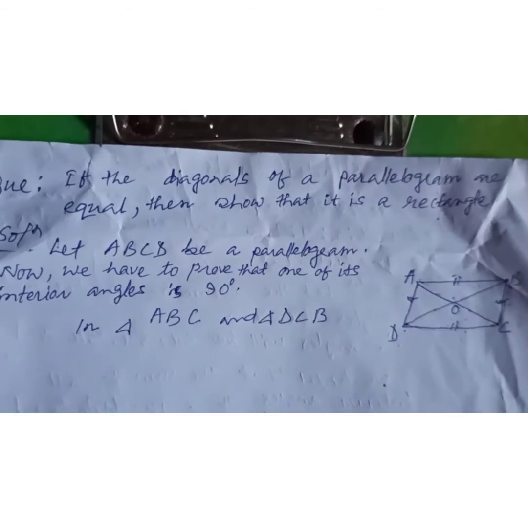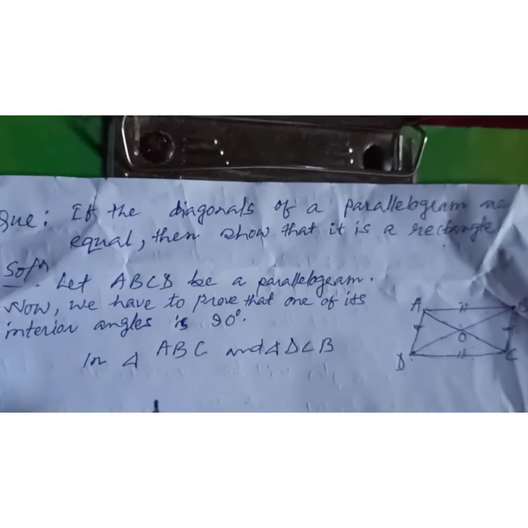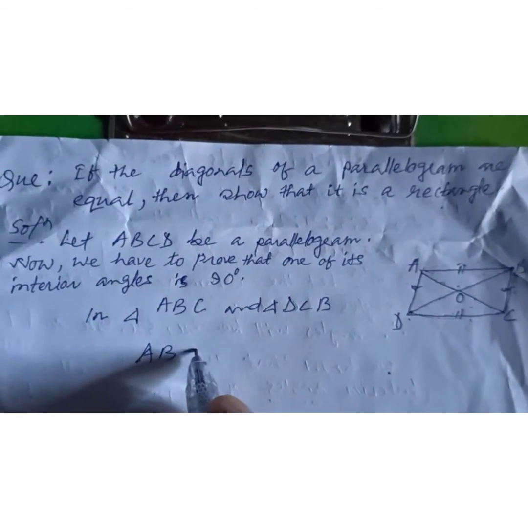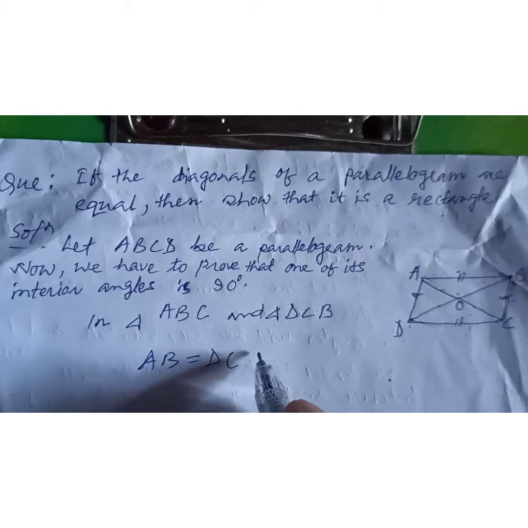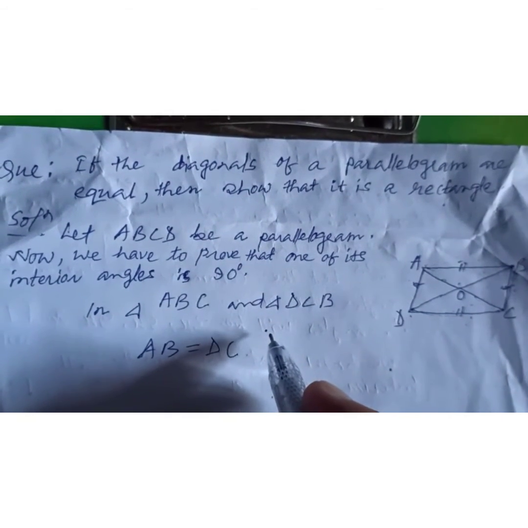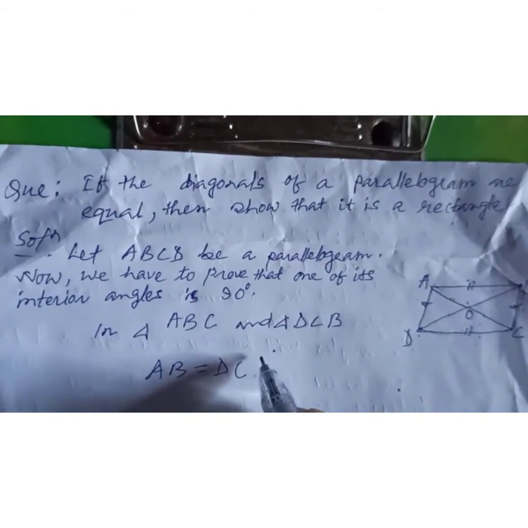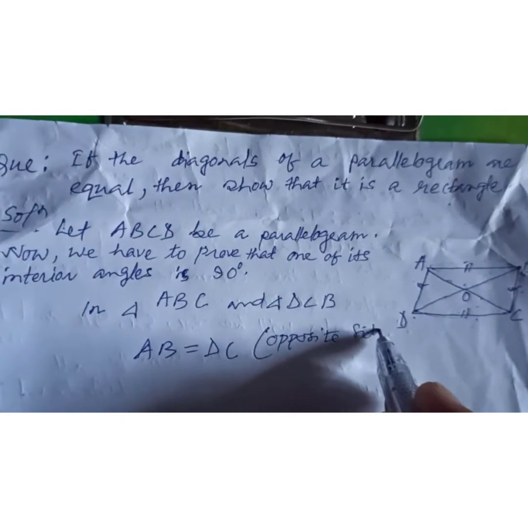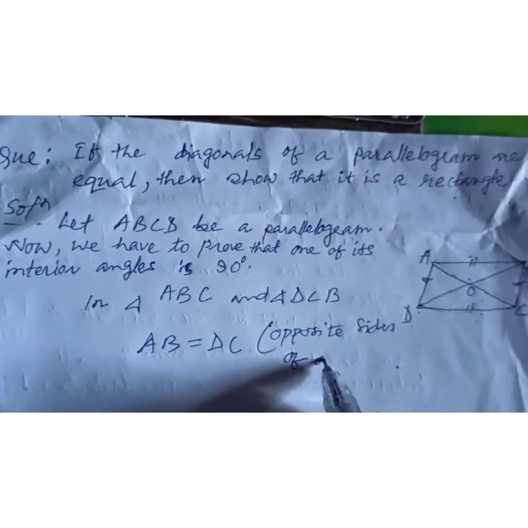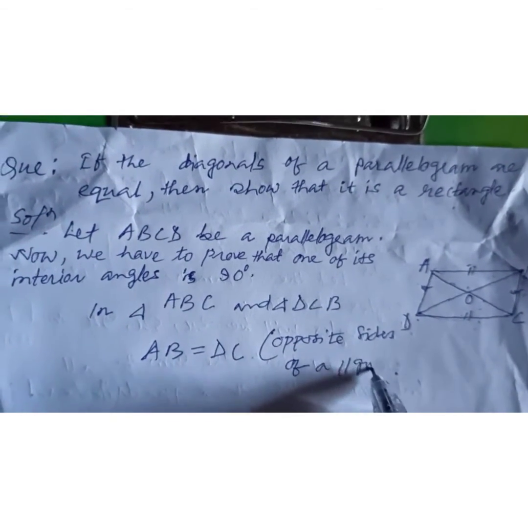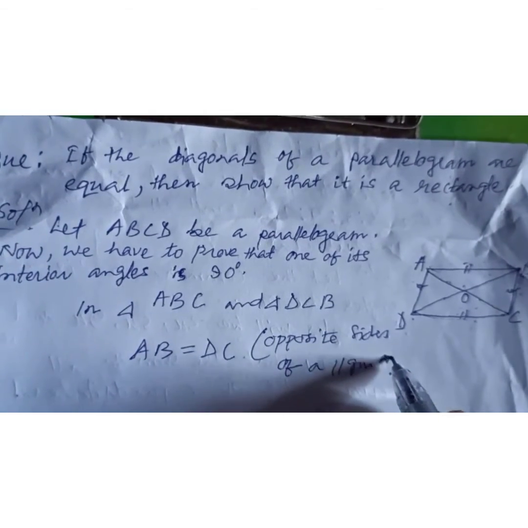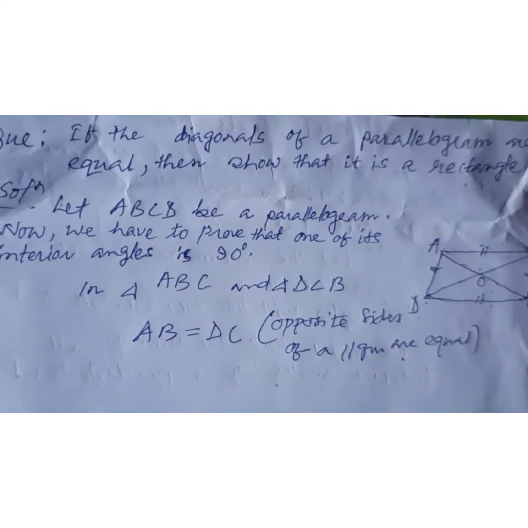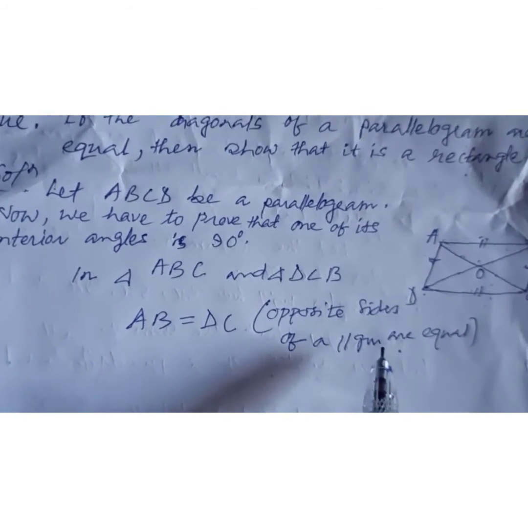So now you see, AB is equal to DC. The reason is: opposite sides of a parallelogram are equal. You can write here, opposite sides of a parallelogram are equal. Opposite sides are always equal. This is the criterion you are going to use here.